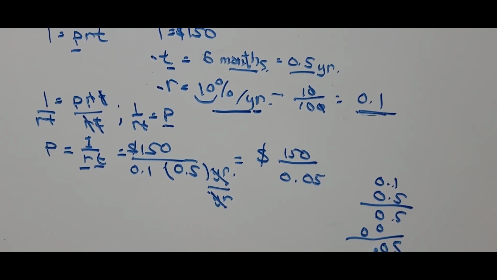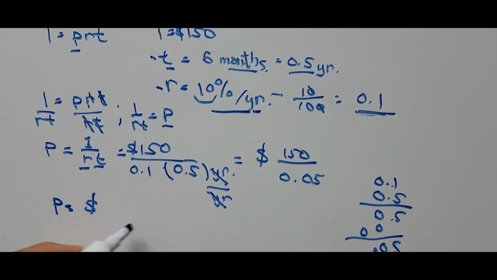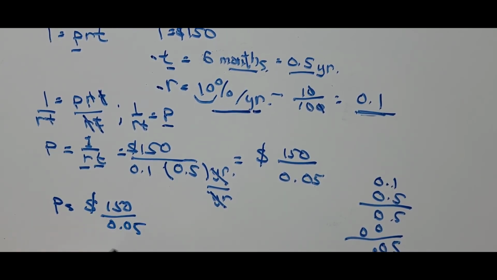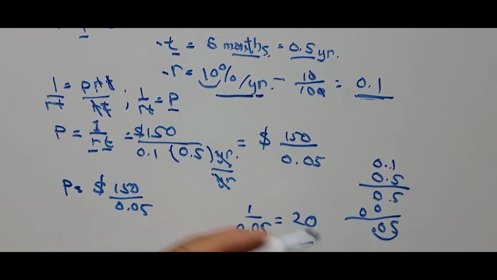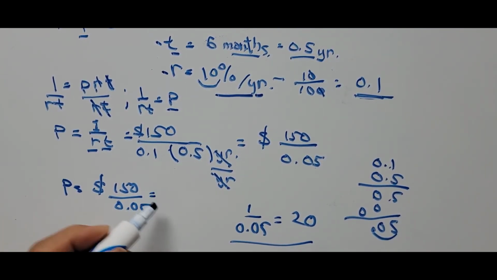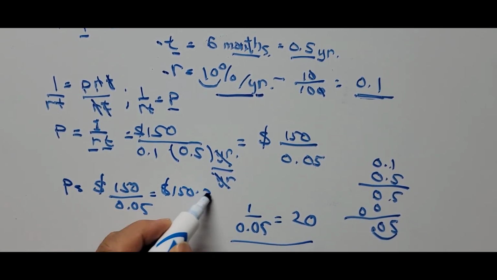In solving for the principal, P is equal to 150 divided by 0.05, where 1 over 0.05 is equivalent to 20. So without using a calculator, that's the same as 150 times 20.